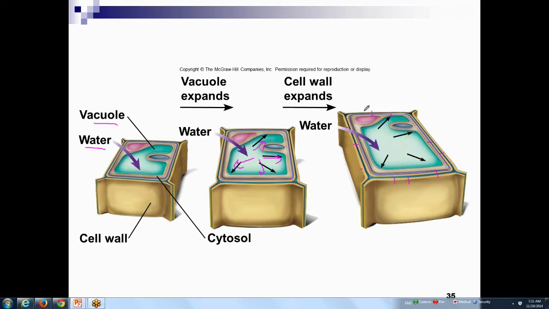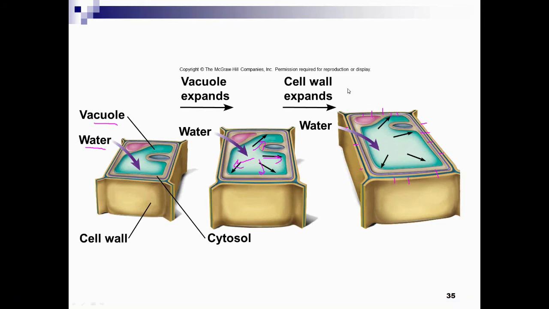It actually cuts the cross links of those cellulose microfibrils, and that unzipping allows the cell wall to expand. Remember, the cell wall is very rigid, but when expansins start cutting those cross links, the cell wall can then expand, and then you have growth and enlargement.